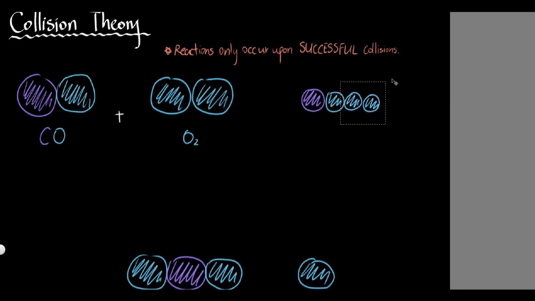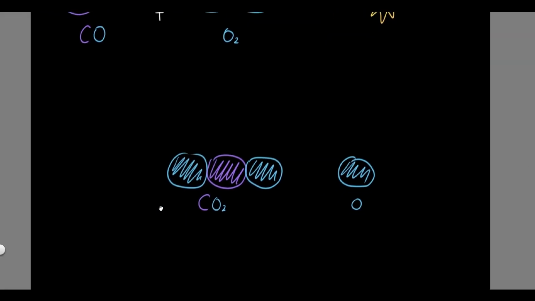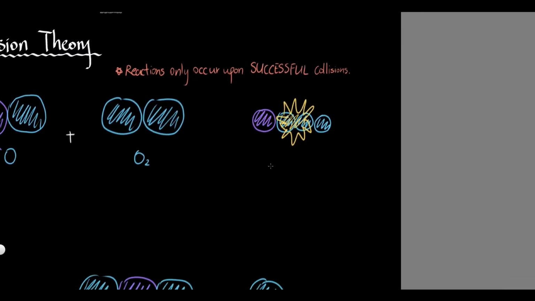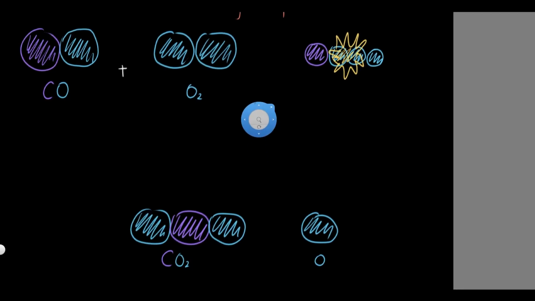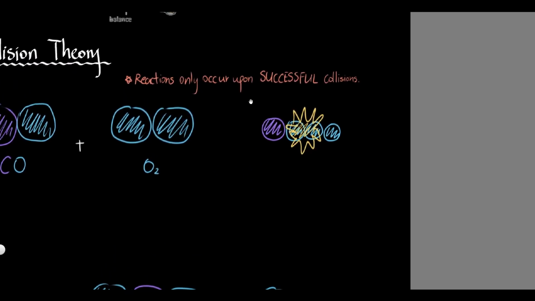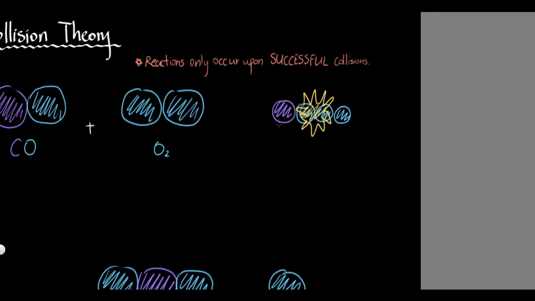Then you may hear a loud bang, or you might not. Actually, that's a lie. But maybe perhaps we should do some boom. So basically, in this case, because our oxygen is pretty chill and it's just there, it does not want to do anything because they're not on the same side.